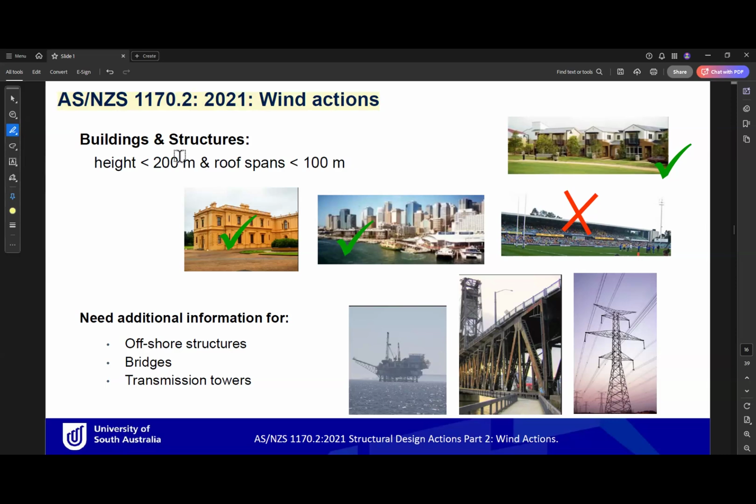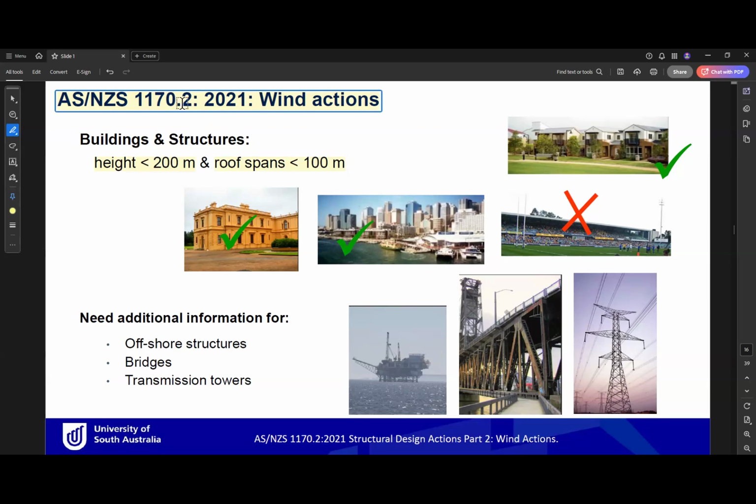This standard deals with buildings and structures with height less than 200 meters and roof spans less than 100 meters. So if the buildings exceed 200 meters in height, like skyscrapers or other very high buildings, or have roof spans more than 100 meters, like very long buildings such as a stadium, these are not considered by 1170.2.